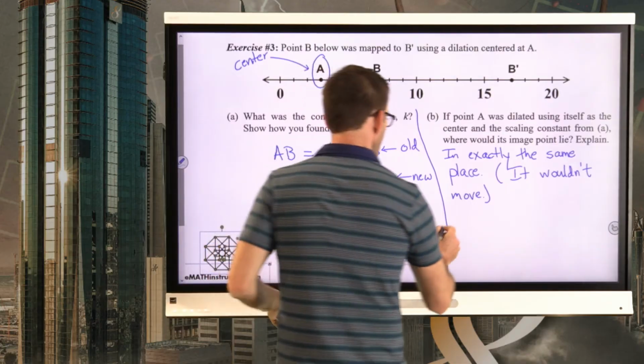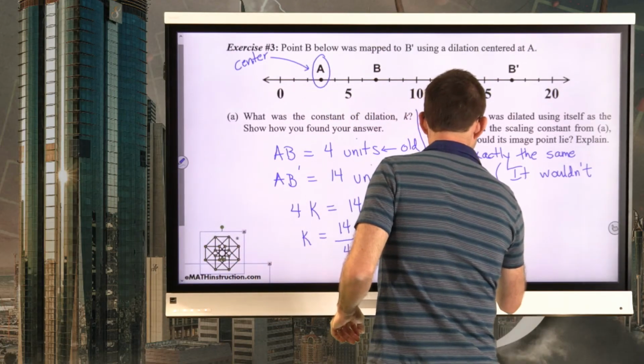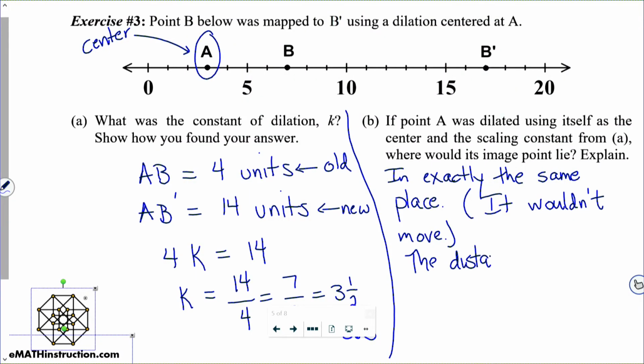Well, that's 0. The distance between A and A is 0. Remember, A is the center here.